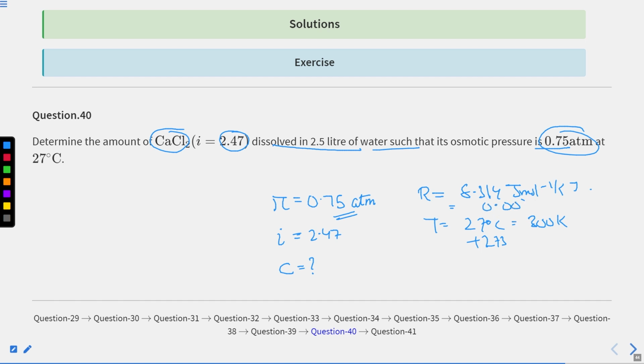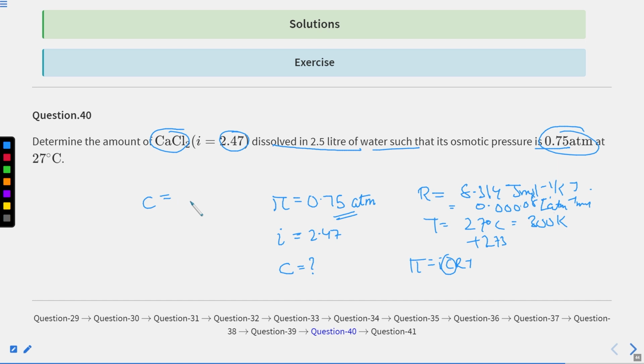So this is 0.0000 after four decimals, liter atm per mole. So we will use the formula pi equals iCRT, and calculate the concentration from here.